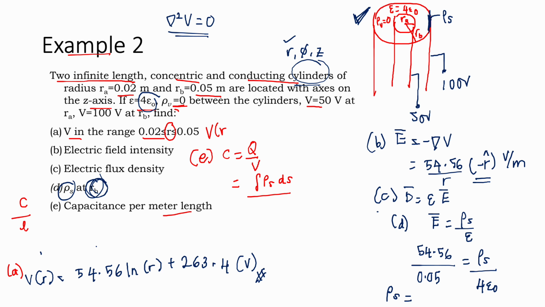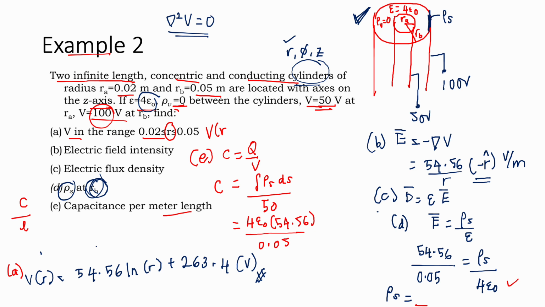So the potential difference is 100 volts minus 50 volts, which is 50 volts. The rho S that we calculated in question D is 4 epsilon naught multiplied by 54.56 divided by 0.05.